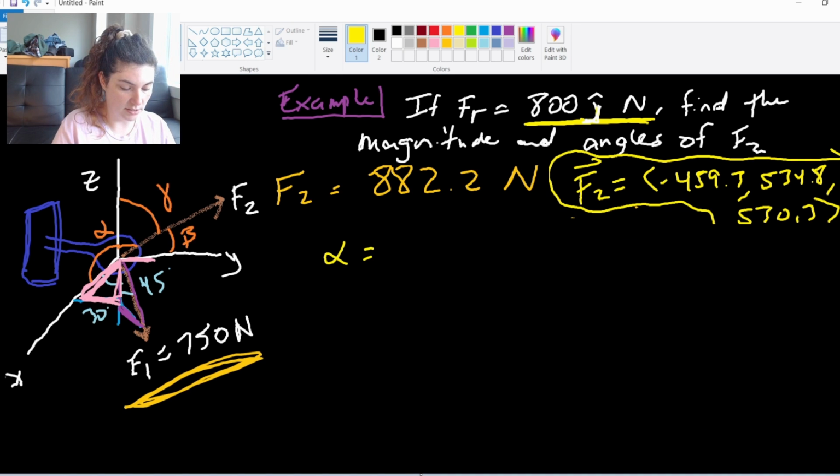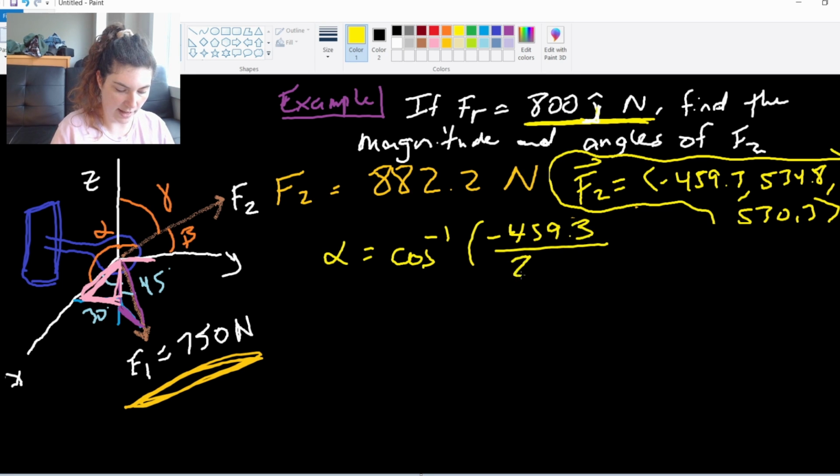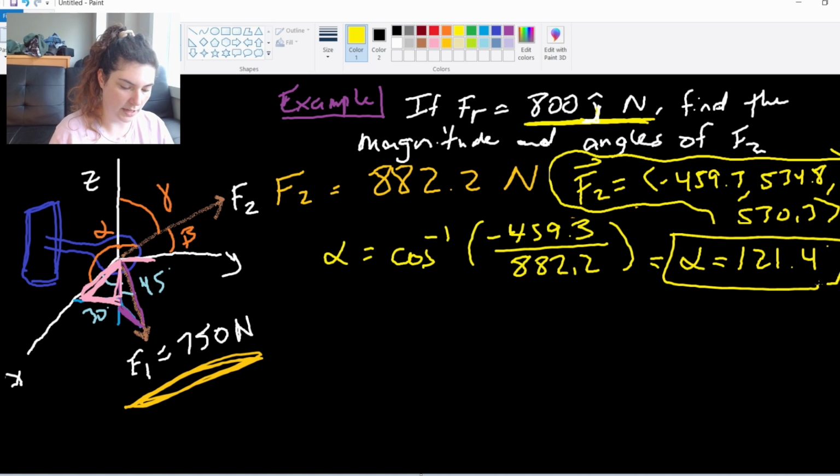So alpha is the arc cosine, the inverse cosine of Fx over F. Our Fx was negative 459.3 over an F of 882.2. This gives us the alpha angle is 121.4 degrees. Boom, that's one.